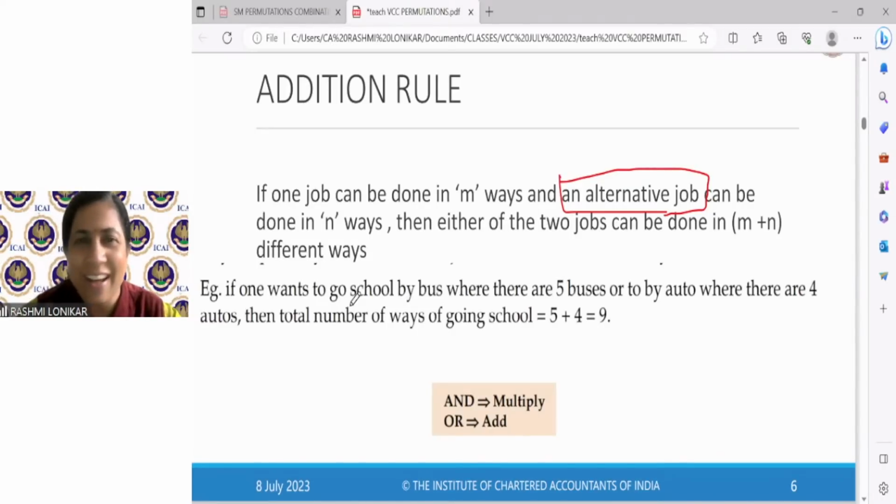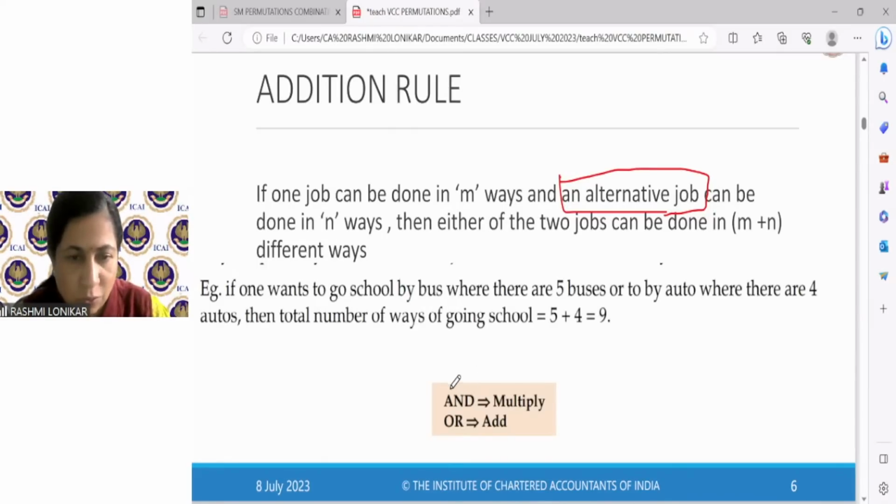Obviously not. I can either take a bus or an auto. Okay. So in that case, if I have 5 buses and on the auto stand there are 4 autos available, what will happen? 5 plus 4. So I have 9 ways by which I can go from home to the school. Okay. So 5 plus 4.